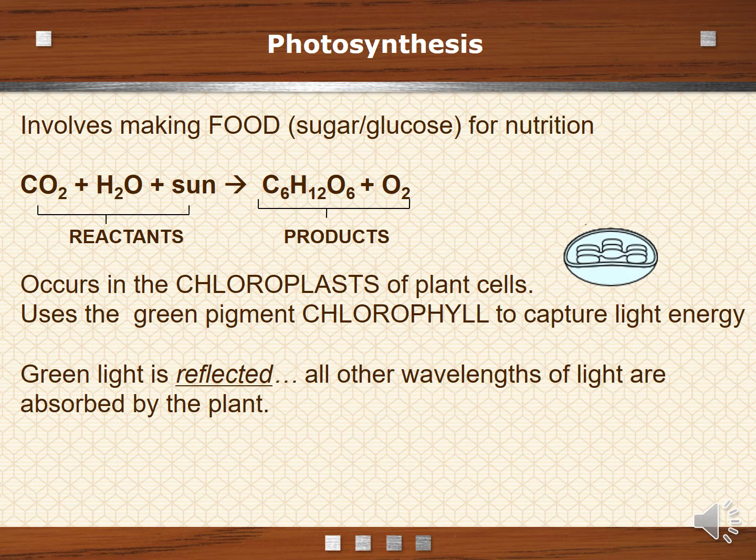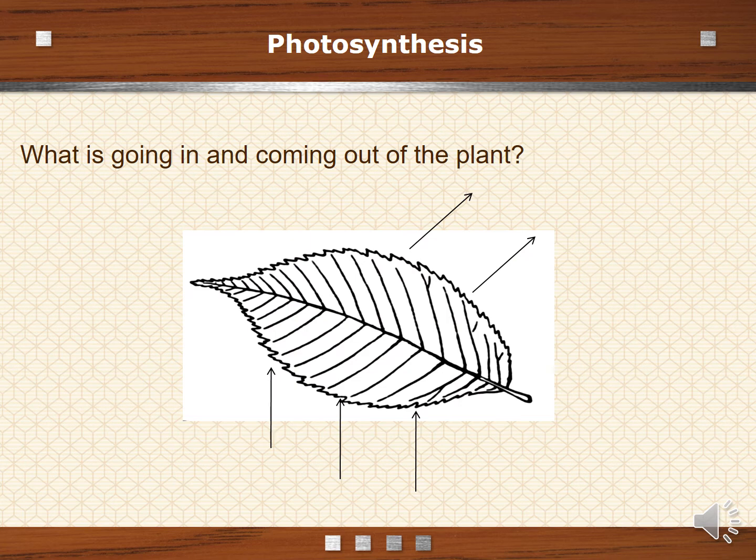Green reflected light means that all the other wavelengths are absorbed by the plant. So this is going to be a question here. We're going to talk about what's going in and what comes out. You'll have to answer this question on Edpuzzle.